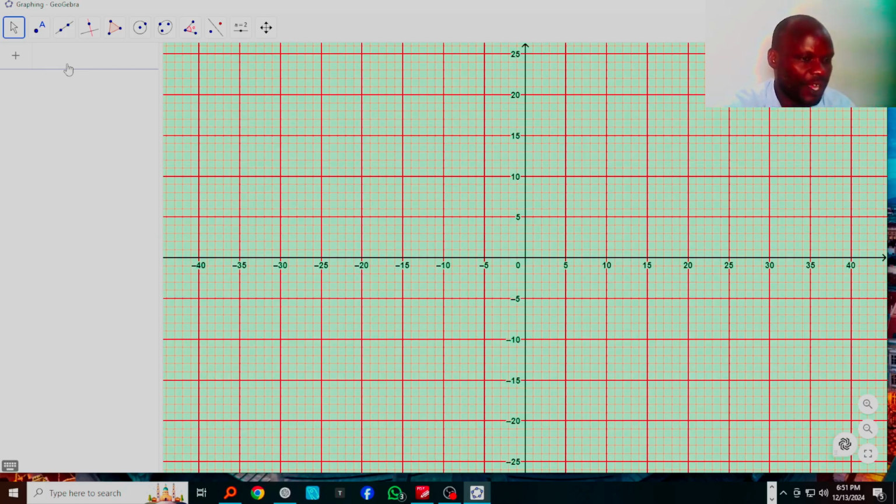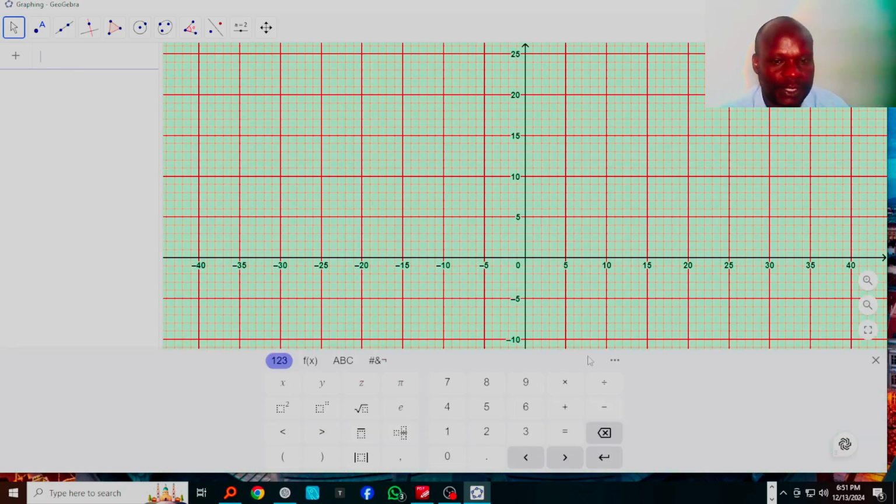So we had 5. I would just come here so that you can see what I'm doing. So I would choose 5 here, then x squared plus 4x, and it's minus 9.